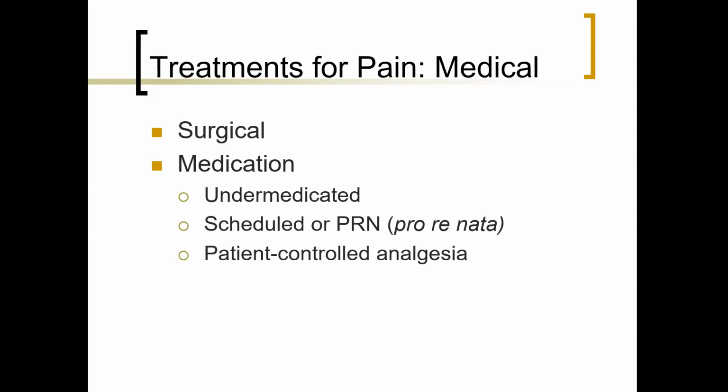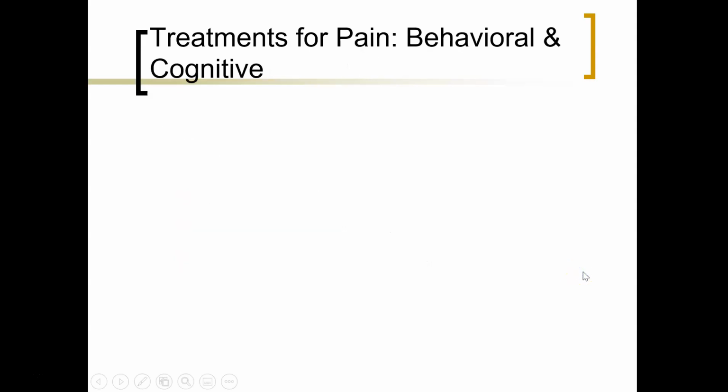And there was initially a fear that people would over-medicate, and it's been found that people in general don't over-medicate when they're in the hospital and they have access to delivery of medications.